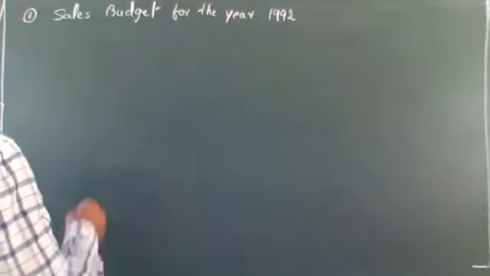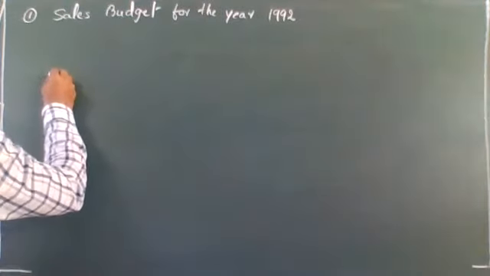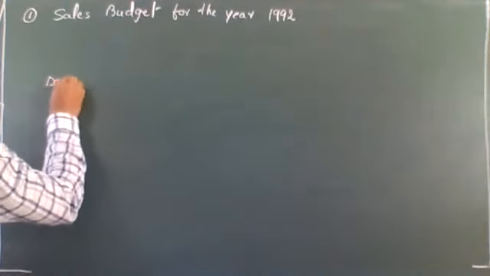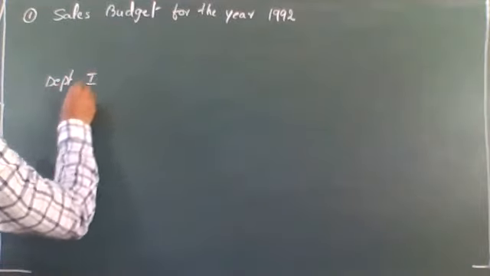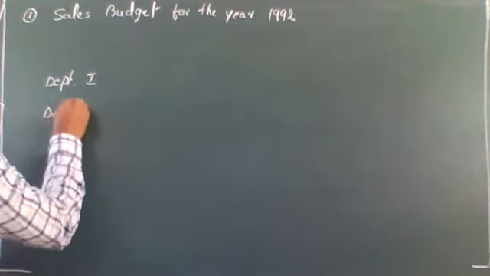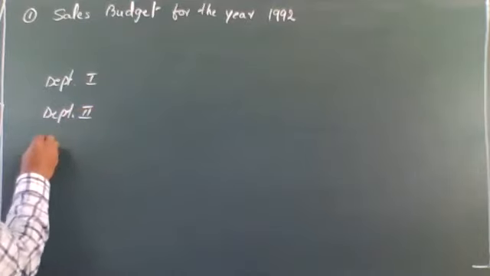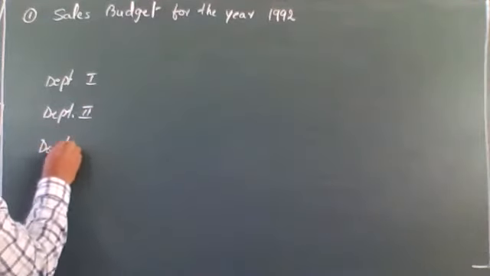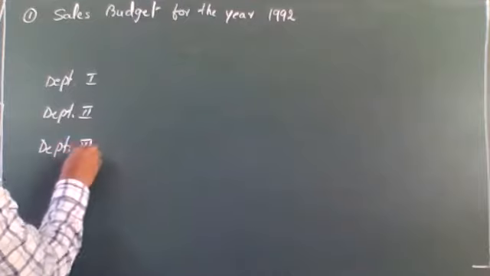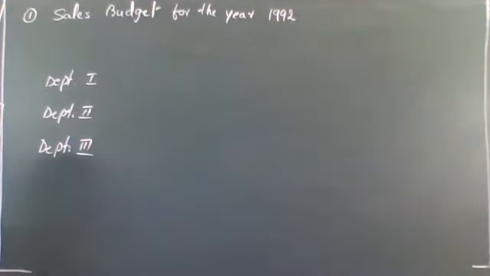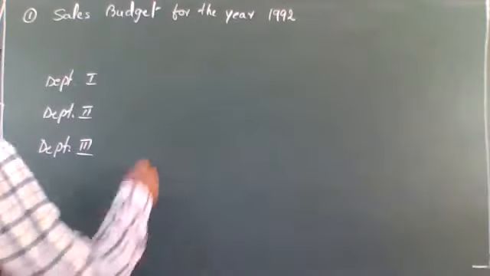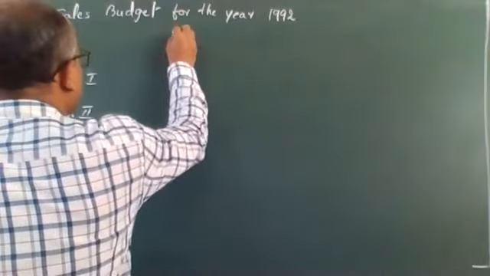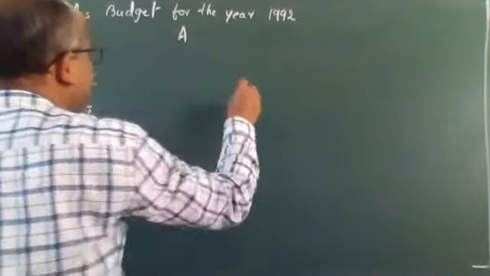We can go with department 1, department 2 and department 3. If I put departments row wise, then I can take brand A and brand B on the columns.